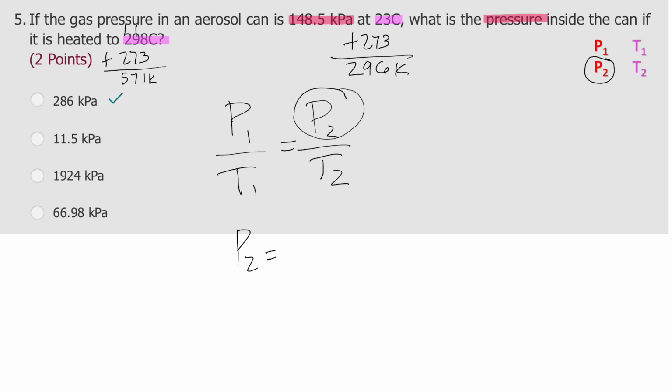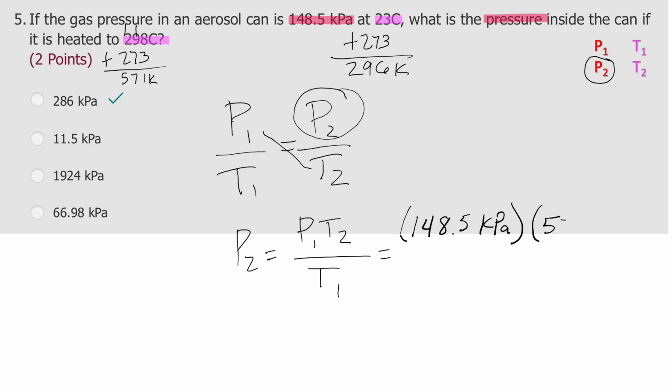So the cross multiplication that does not involve your variable is going to be in the numerator, and everything else will be in the denominator. Sorry, I accidentally wrote 2, I meant to write 1. So now we will plug that in. So P1 is 148.5 kPa.